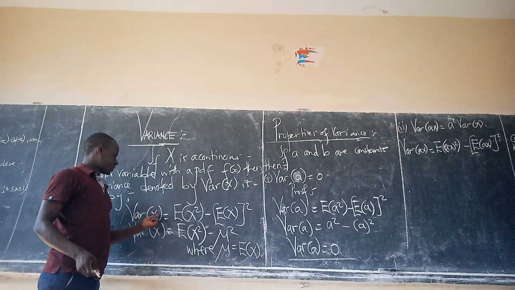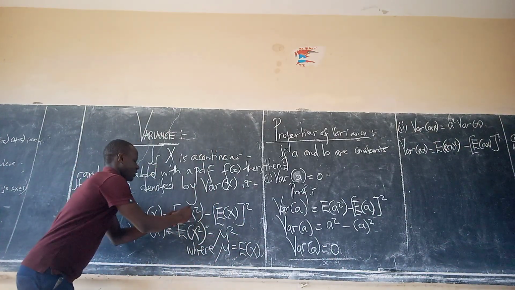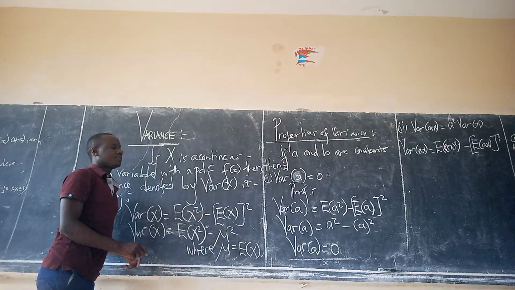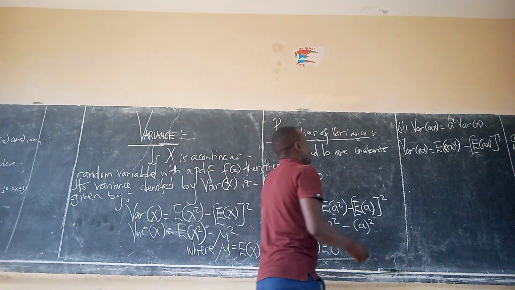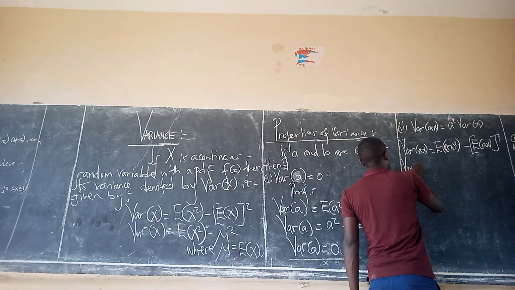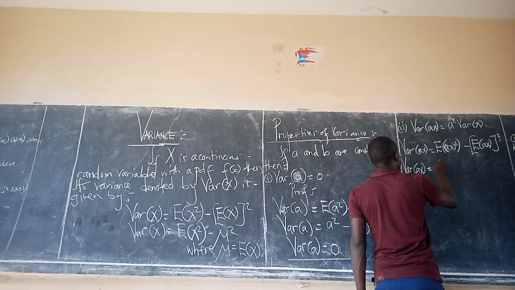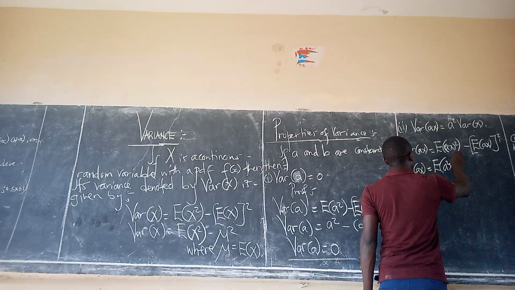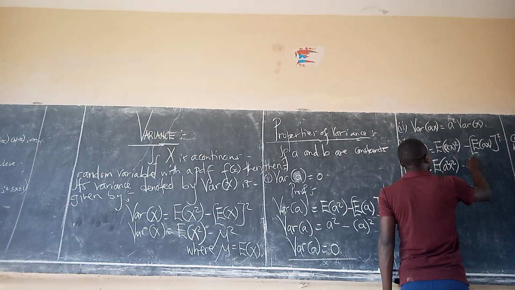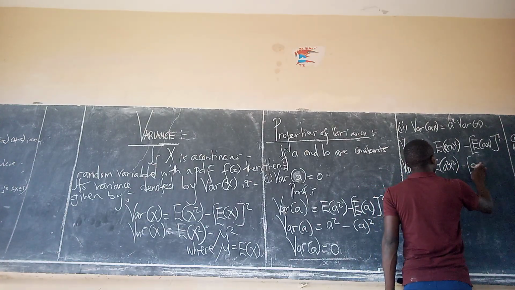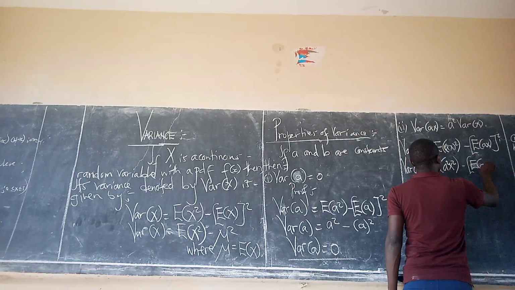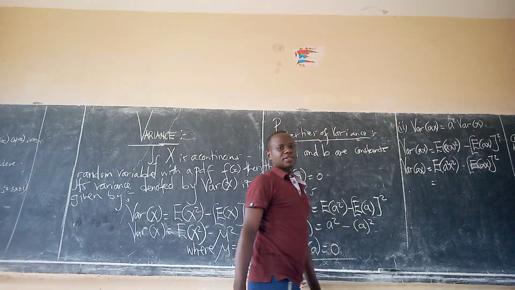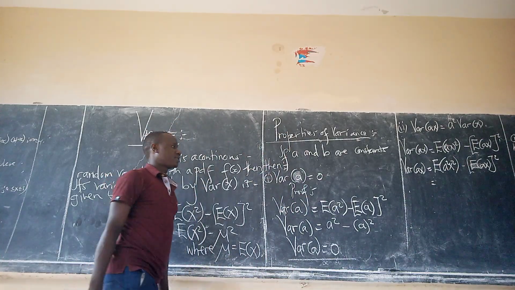If you have ax, this one becomes ax squared, then the expectation of ax, the whole thing squared. So the variance of ax is the same as the expectation of ax squared minus the expectation of ax, but the whole thing squared. We are now applying our properties of expectation.